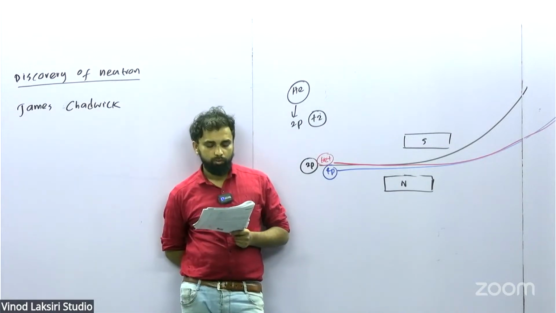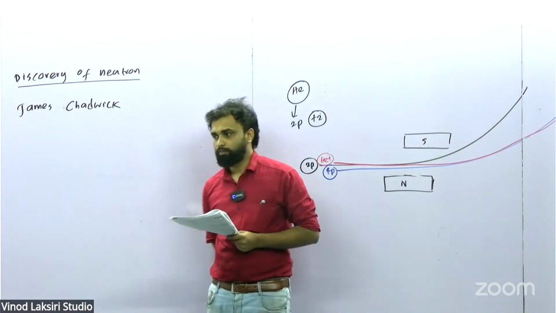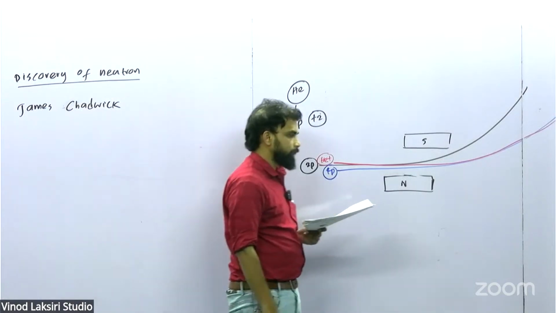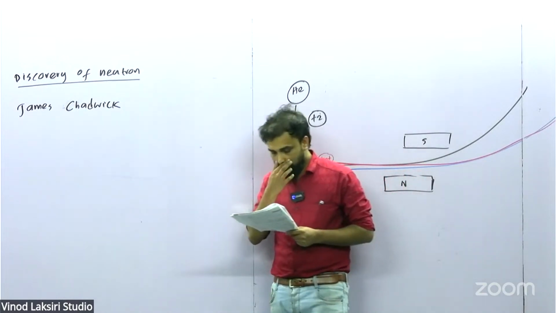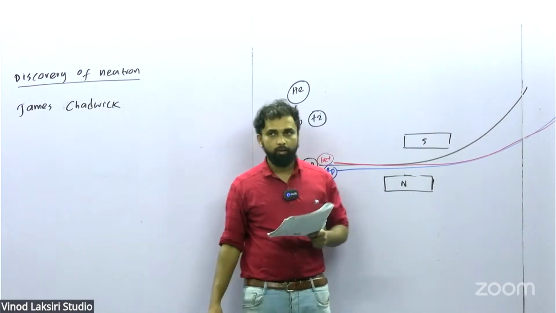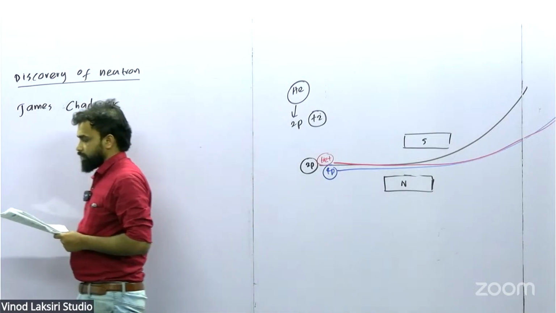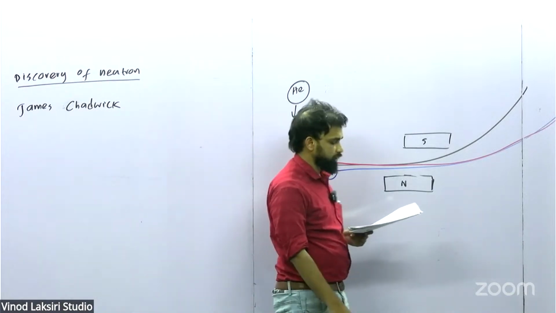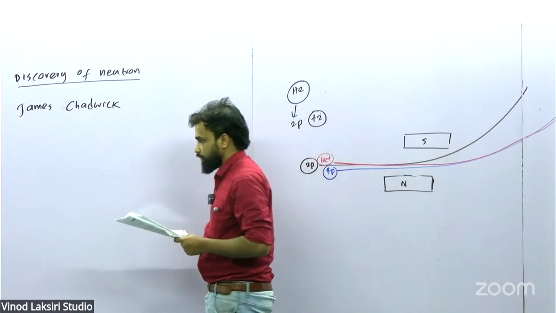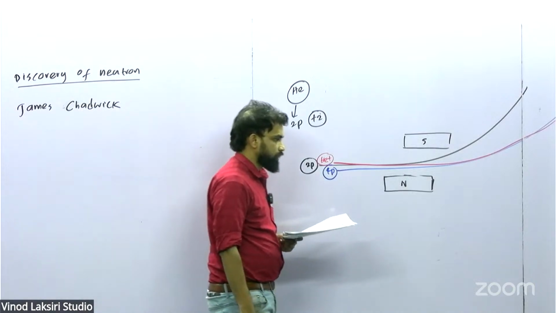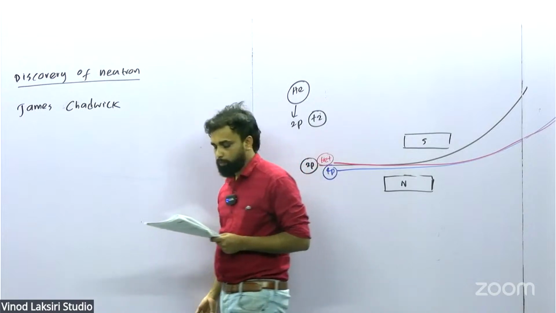Therefore, the deflection of anode ray produced by helium gas should be equal to that of a particle having two protons, but the experimental observation was different.